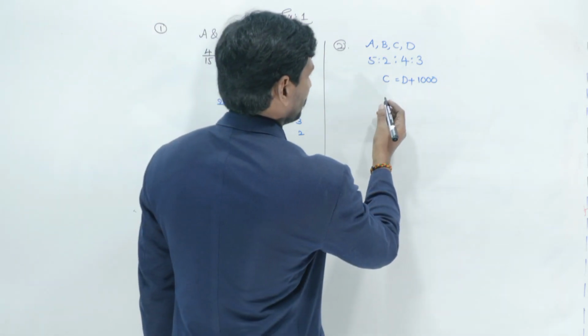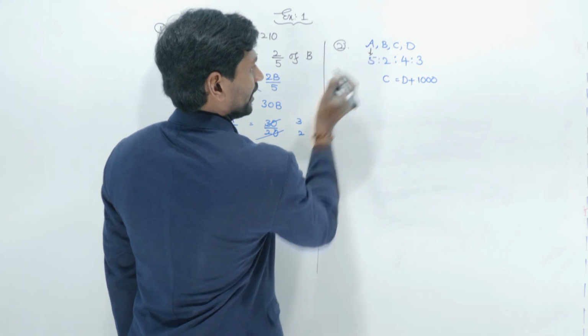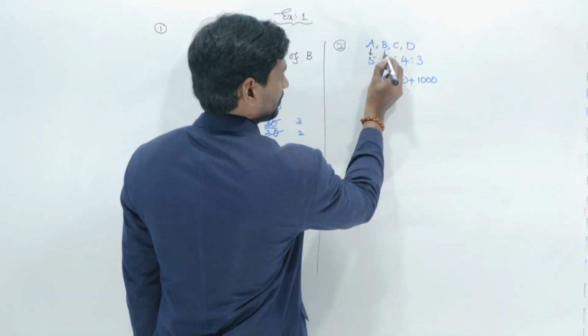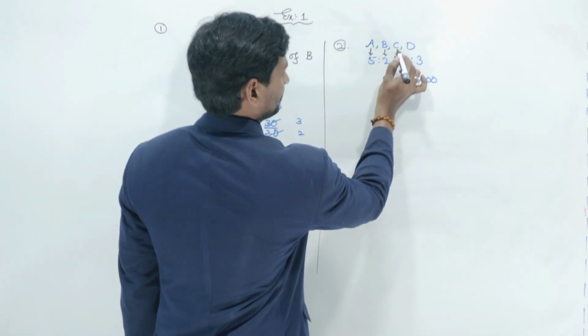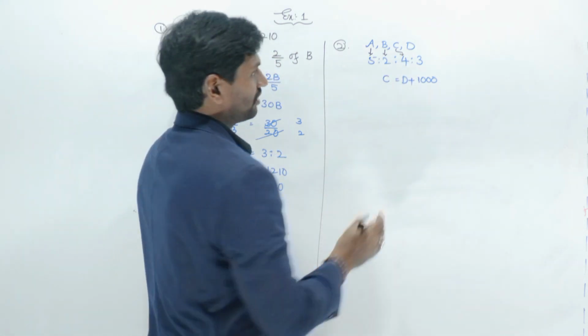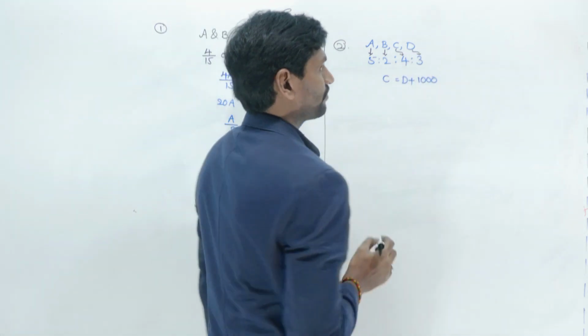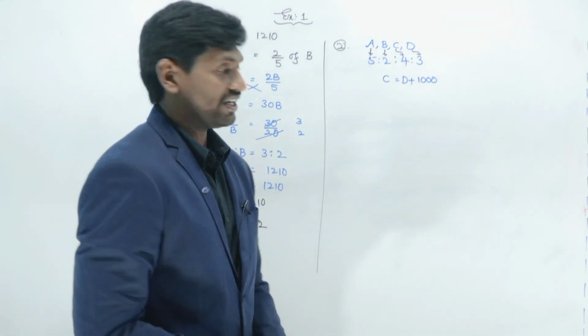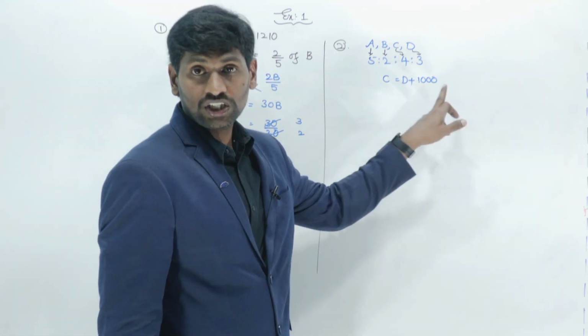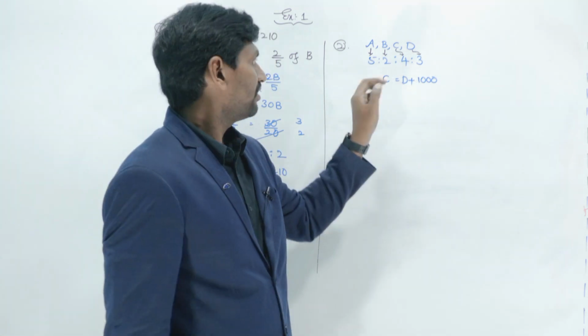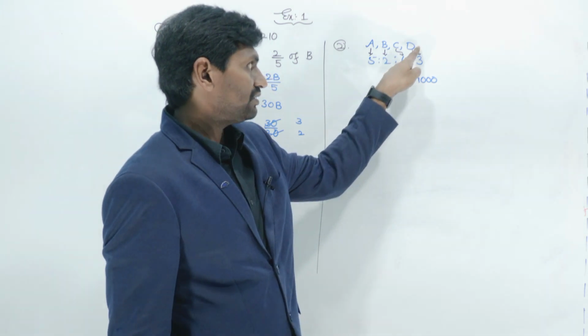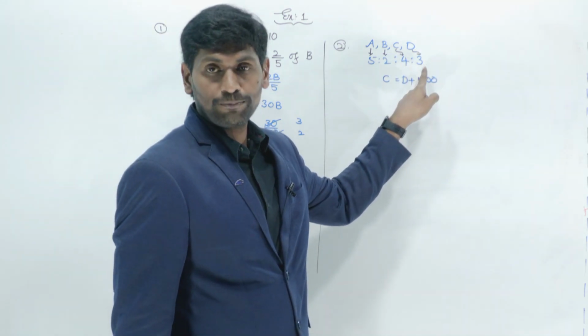Now A is 5 parts, B is 2 parts, C becomes 4, D becomes 3. But here one hint is given: C is getting 1000 rupees more than D. C has 4 parts, D has 3 parts.